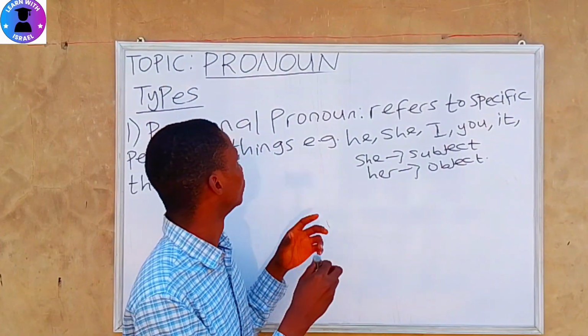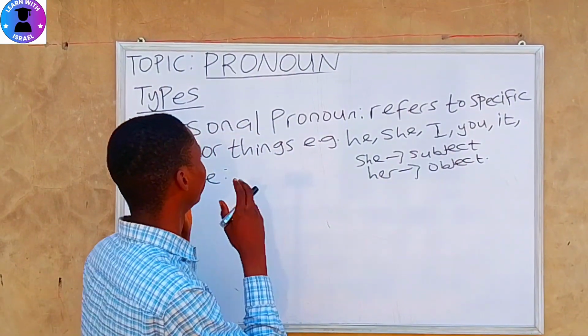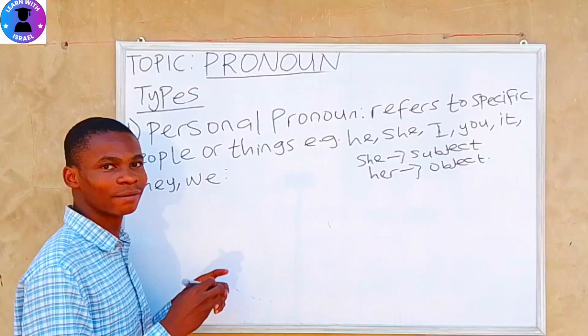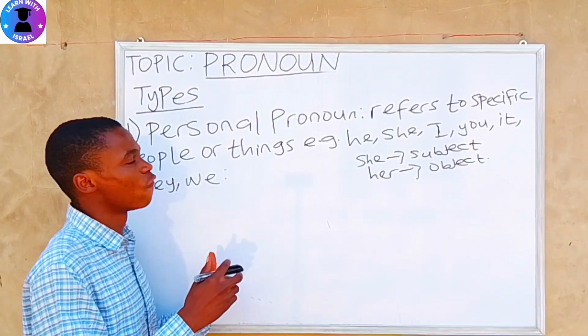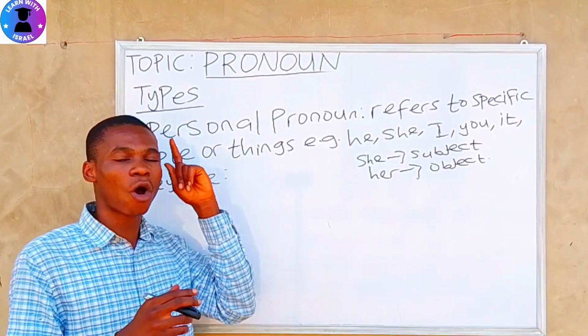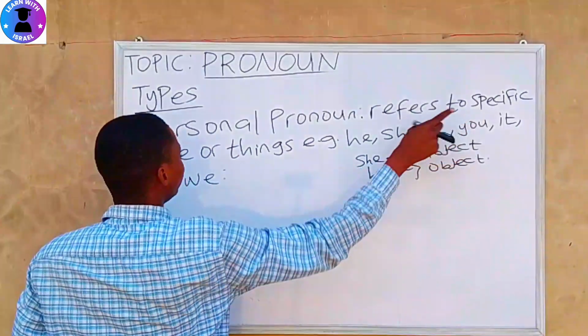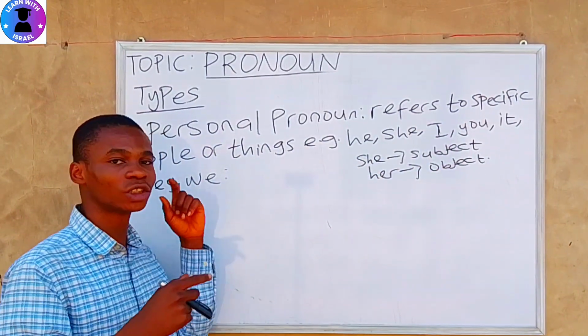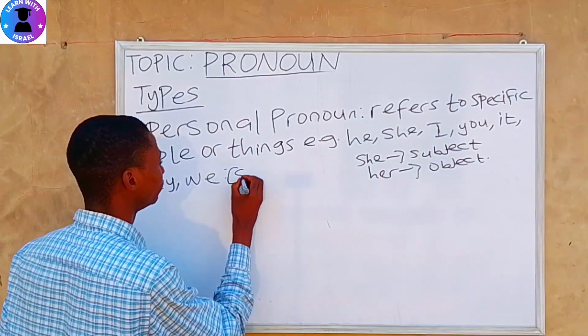So now, let's do some examples on personal pronoun. But before that, let me list out the examples of pronouns that are used for object. He, she, I, you, it, they, and we are used for subject.